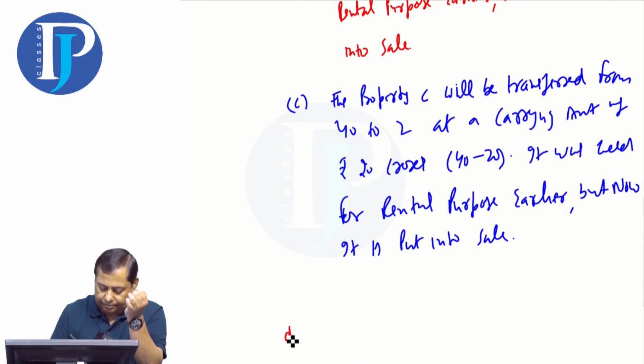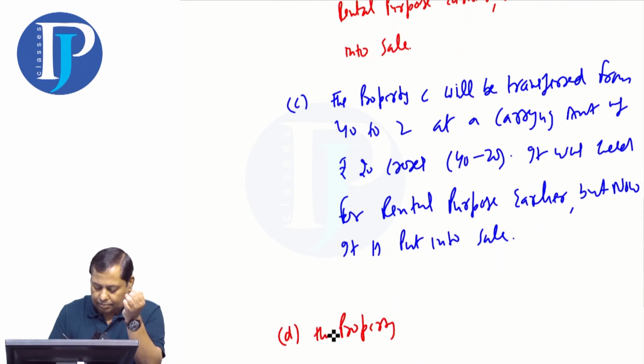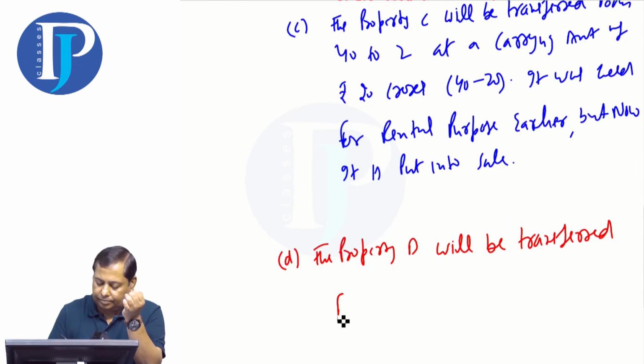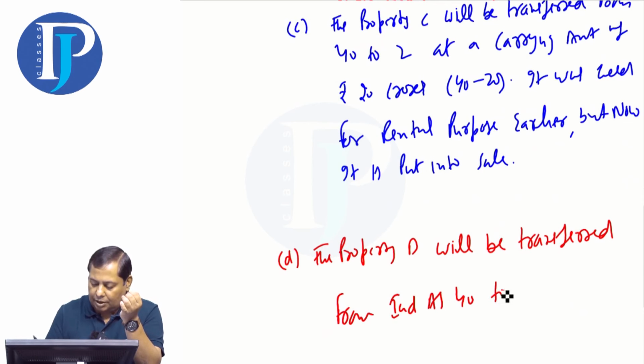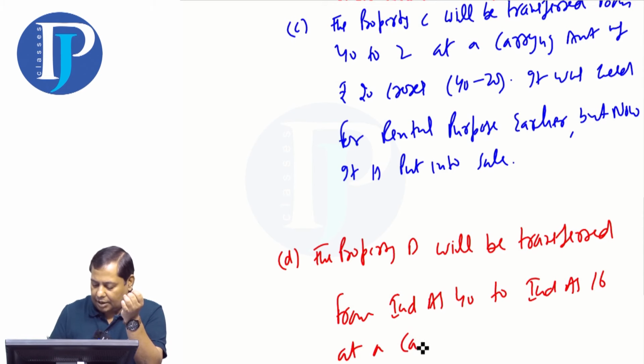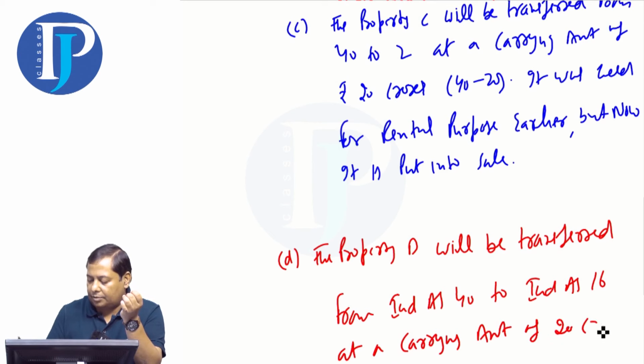We come to D. The property D will be transferred from Ind AS 40 to Ind AS 16 at a carrying amount of 20 crores.